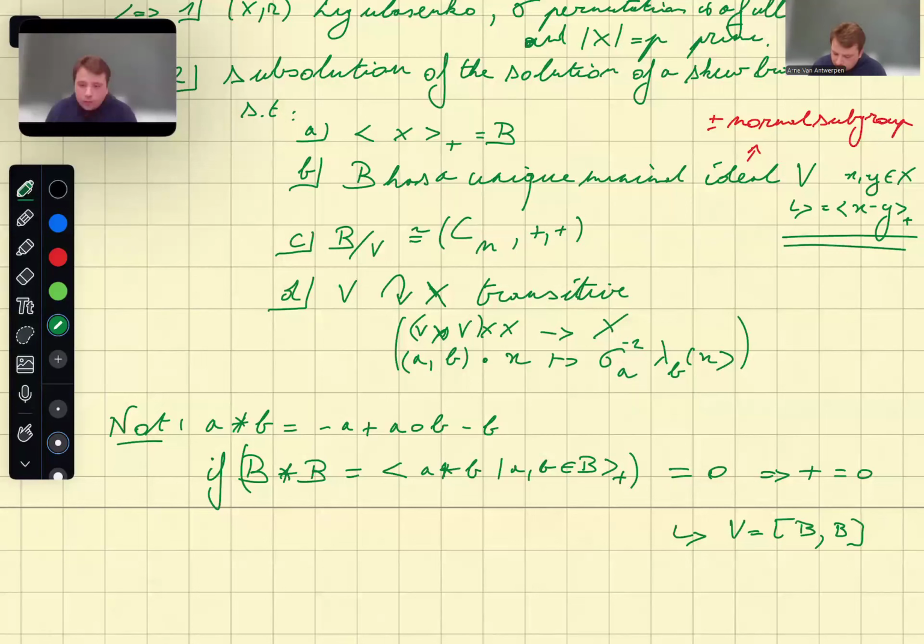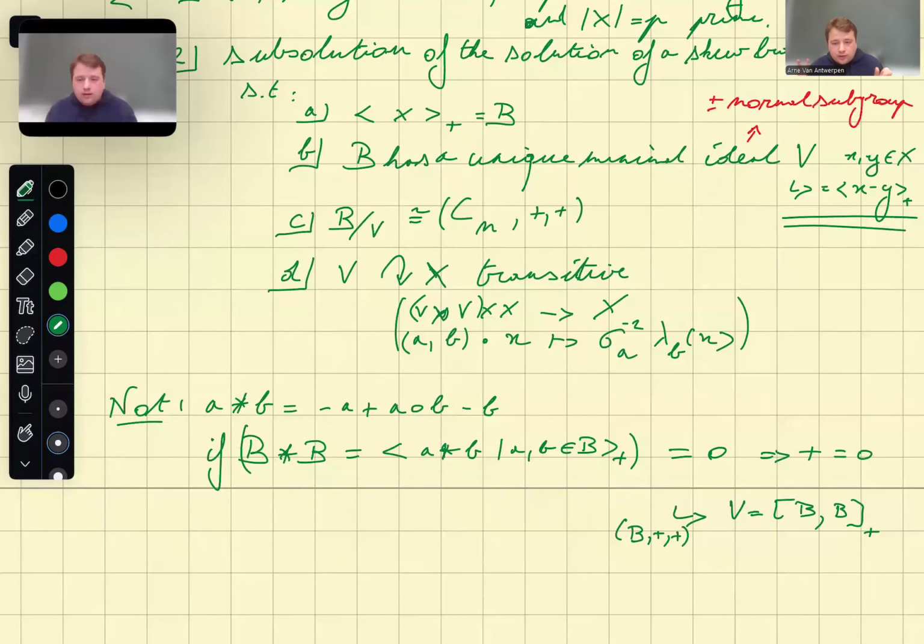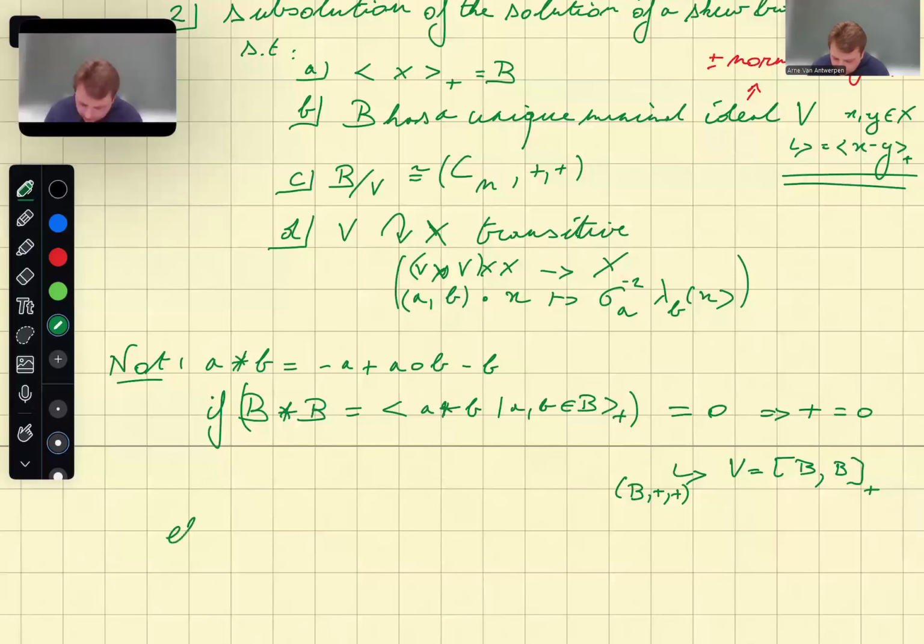Because if this is the case, then you were looking in a trivial skew brace, so then this makes sense, and this will indeed be an ideal, because in trivial skew braces, an ideal corresponds exactly to being a normal subgroup. Else, V is exactly B star B.